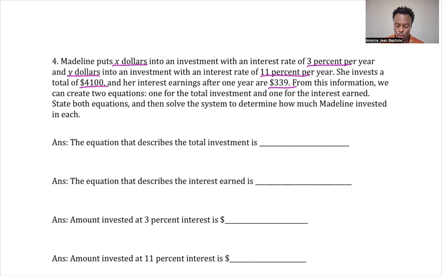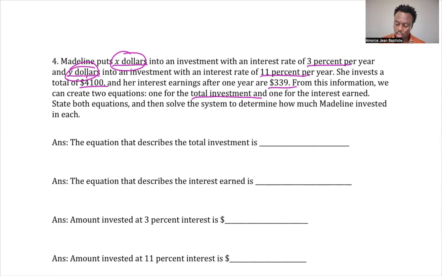One equation is for the total investment: the amount X invested in the 3% account plus the amount Y invested in the 11% account equals the total invested, 4,100.